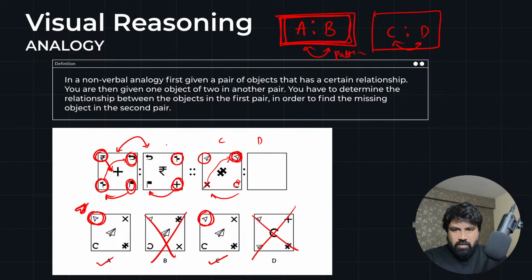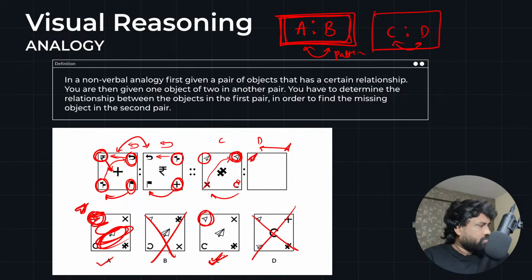See guys, this symbol is shifted to the left hand side, right? So the indication is like this. It is shifted to the left hand side. It will indicate like this. So option A is not my answer. Option C is correct. Option C is the correct one. Easy. So this is what you need to do.